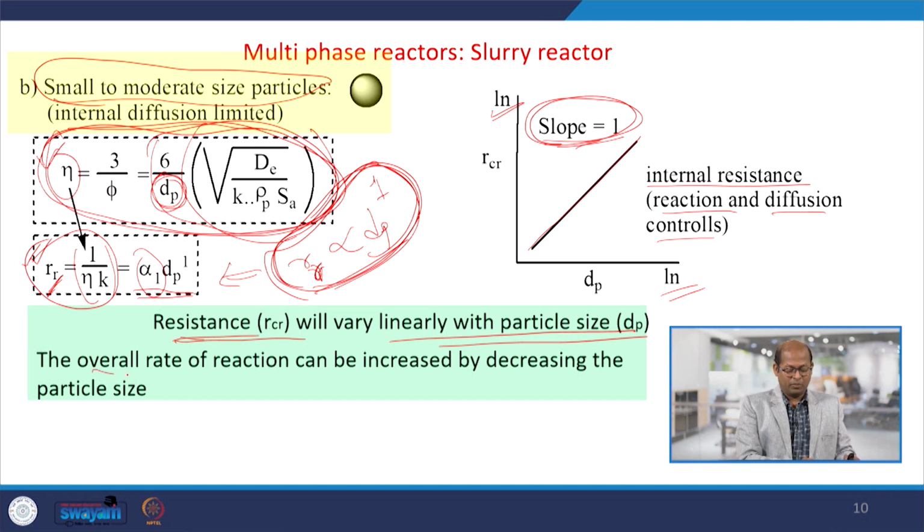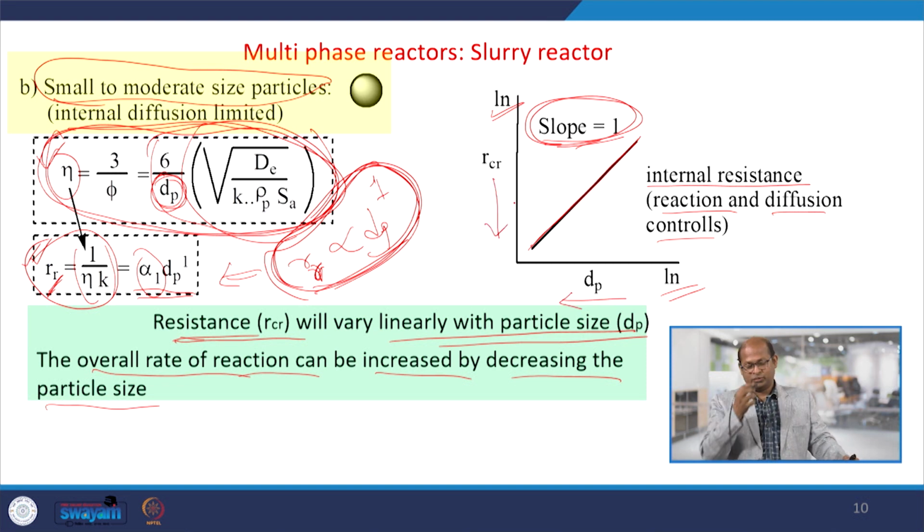Then the overall rate of reaction can be increased by decreasing the particle size. Since it is linear, if you decrease the particle size, this resistance will decrease. So, in the case of moderate size particles, for this particular reaction, if we decrease the particle size, then the total resistance decreases.